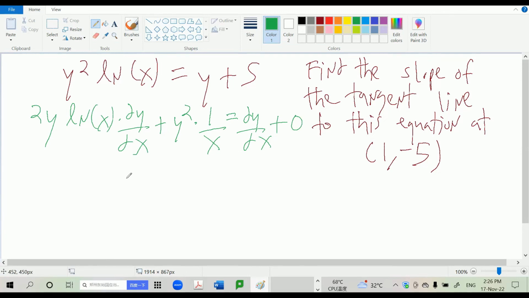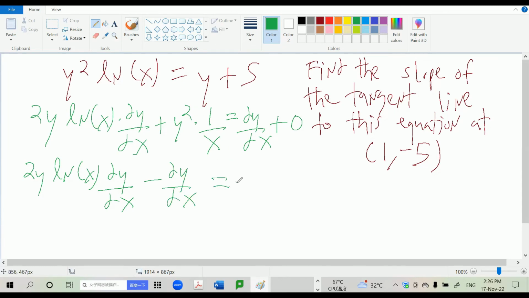So that is the second step so far. And then now I need to isolate the dy over dx. So I need to move the dy over dx together on the same side. So I will have this next, then minus this dy over dx. And then I'm going to move this guy to the other side.